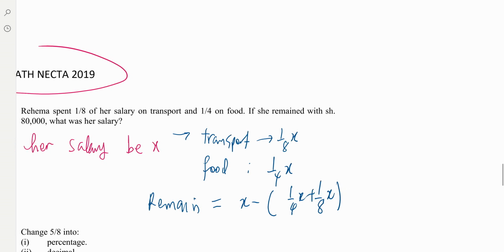So the remainder, dear students, will be x minus 3x/8, so it is 5x/8.